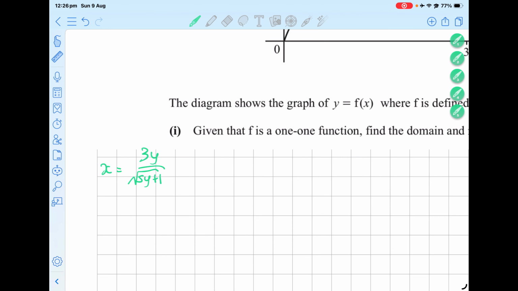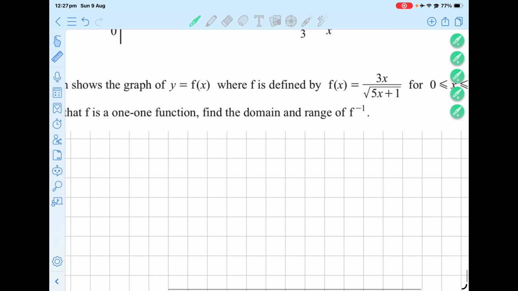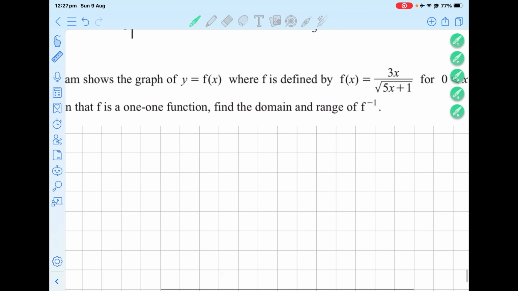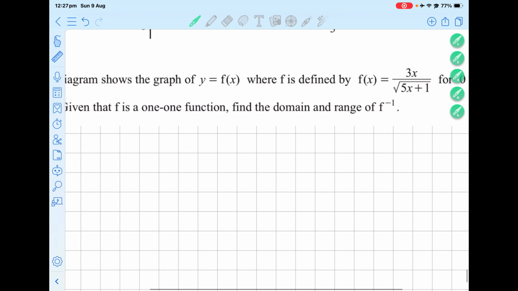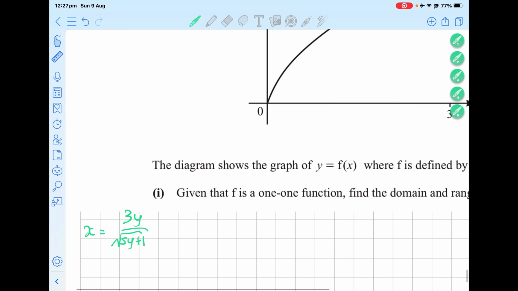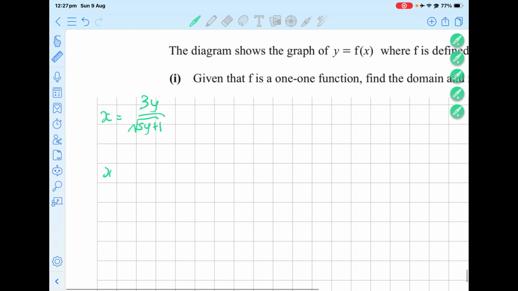By the way, the domain of f inverse is the range of f, and the range of f inverse is the domain of f. So here we can then do 5y plus 1, and then all of this is 3y.